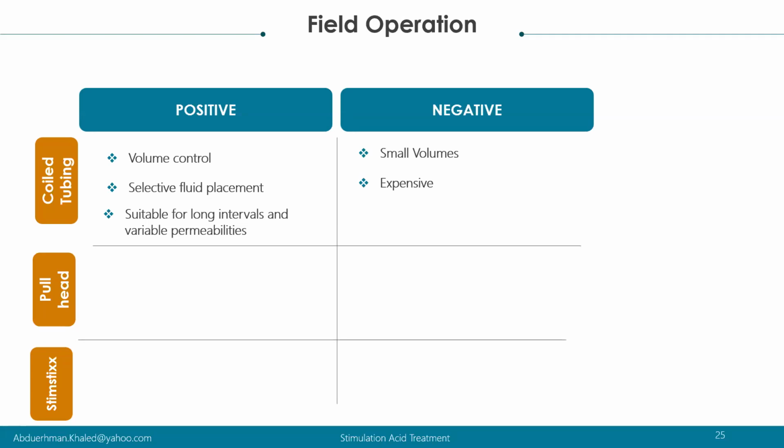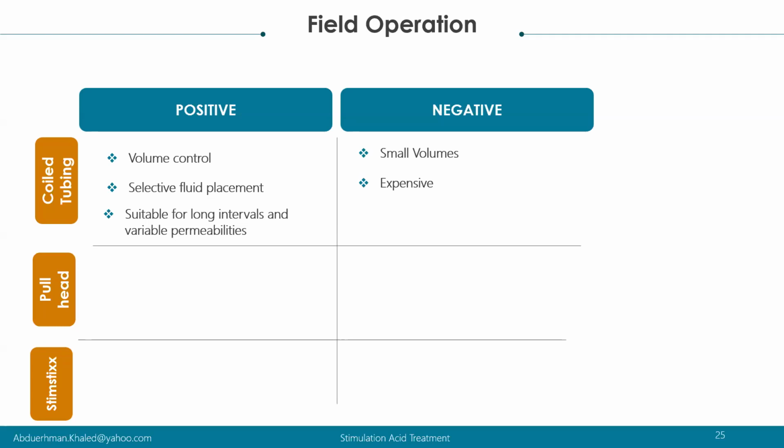And also coiled tubing is suitable for long intervals and variable permeability. This is the main important thing. The disadvantage is that if you want to inject huge volumes, it's going to take time to inject all that volume.